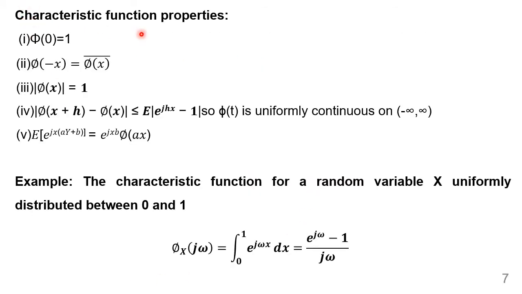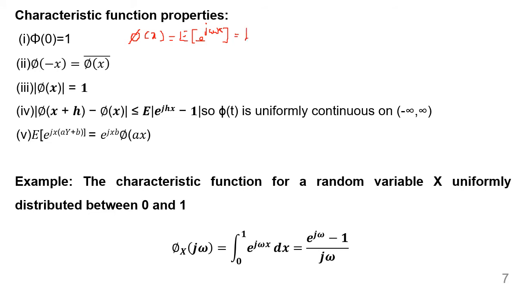Let us study the properties of characteristic function. First property says that phi of 0 is equal to 1. So we know that phi of x is given by expectation of e to the power j omega x.